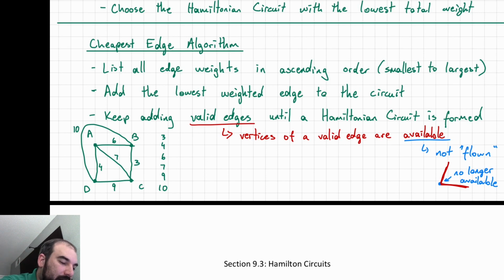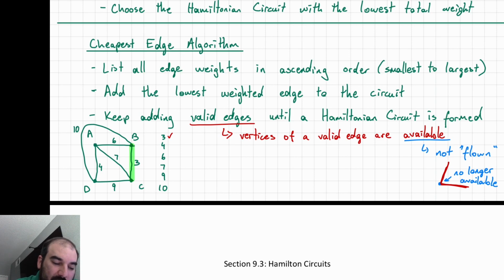So the first edge we check is the 3, and since we're just starting out, we can include the edge that has a weight of 3 in our Hamiltonian circuit. So I will add that edge to my circuit.